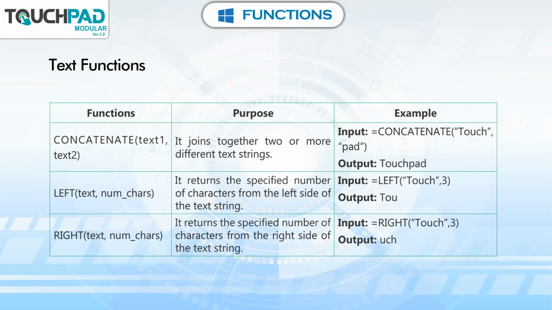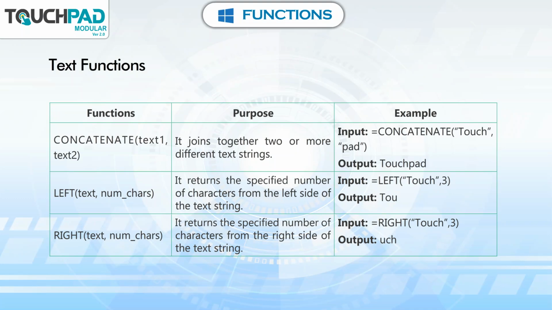Left, text, num_chars. It returns the specified number of characters from the left side of the text string. Input: equals LEFT(touch, 3). Output: TOU.